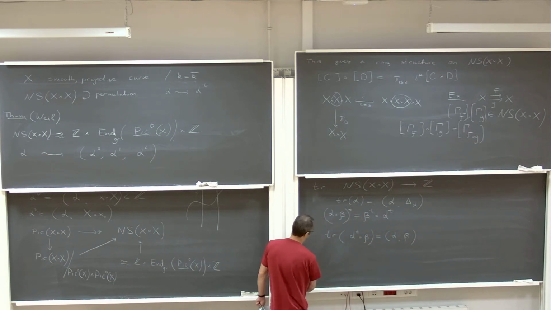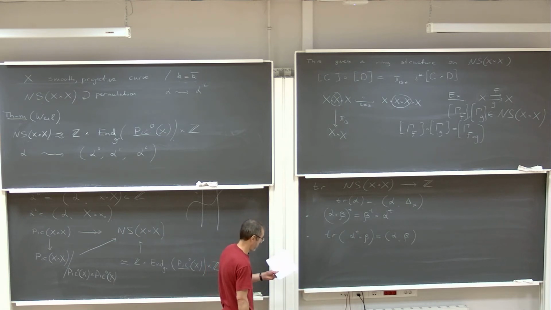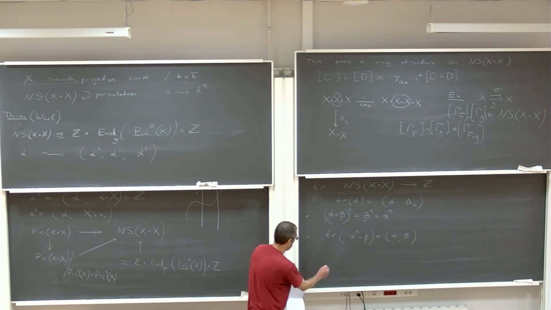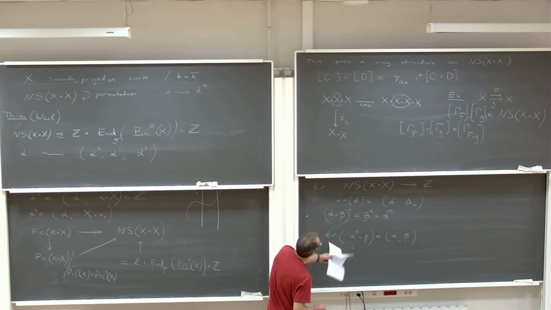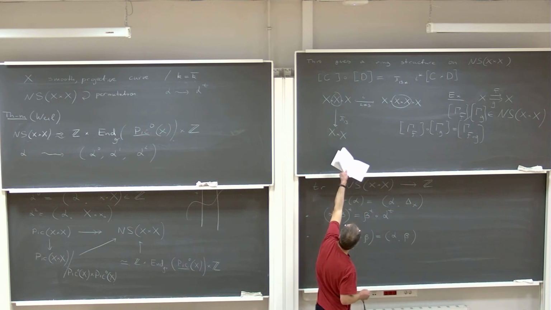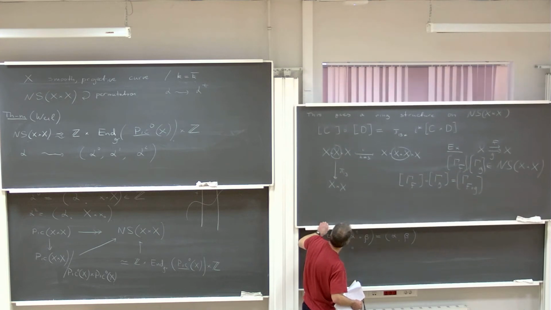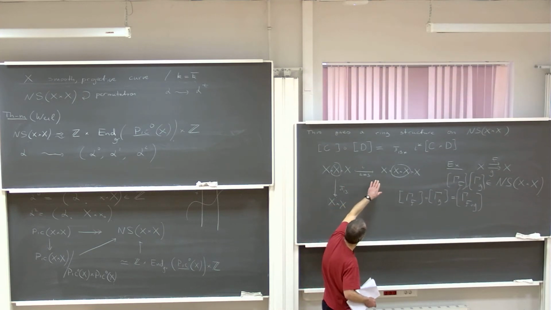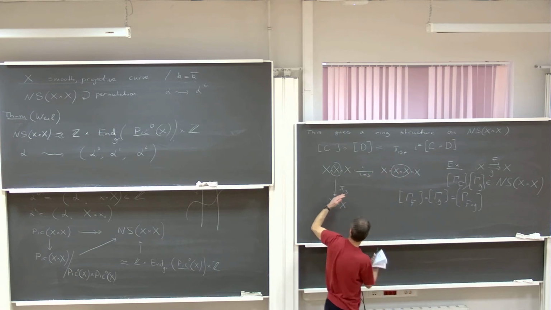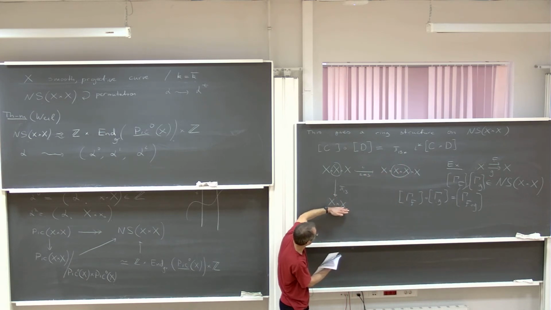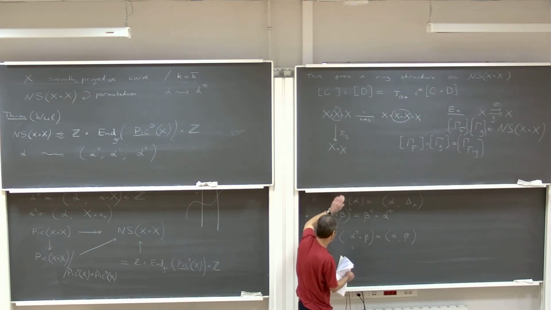So let me explain this point. How does it work? Let's look at this geometric definition. I'm supposed to take two cycles, apply this construction, and then intersect it with the diagonal and compute the number of points in the intersection.